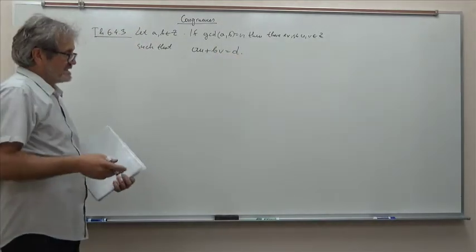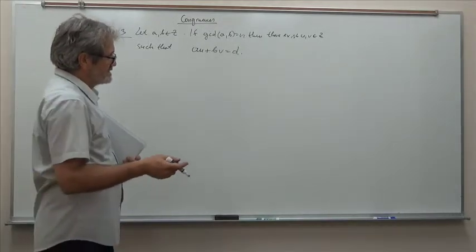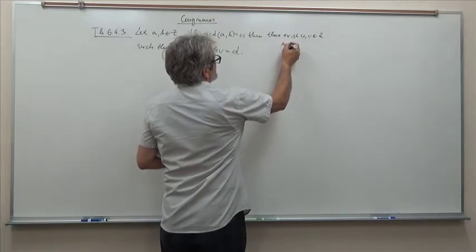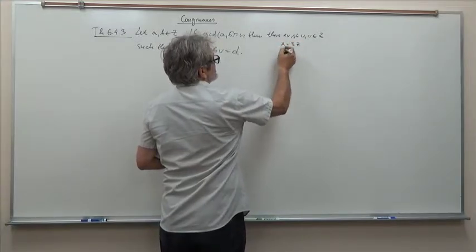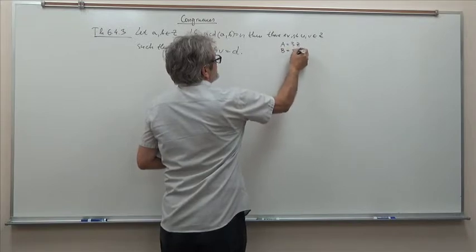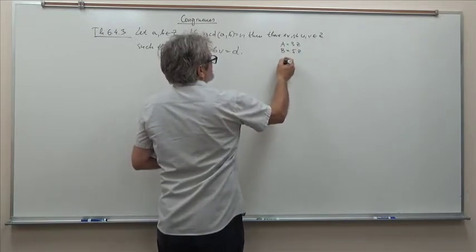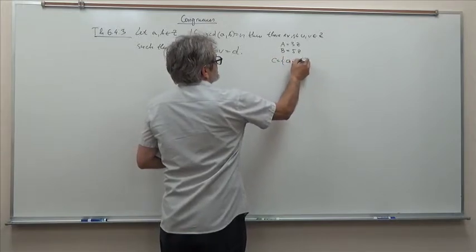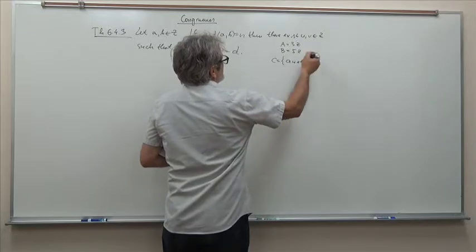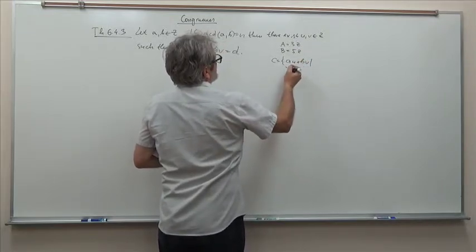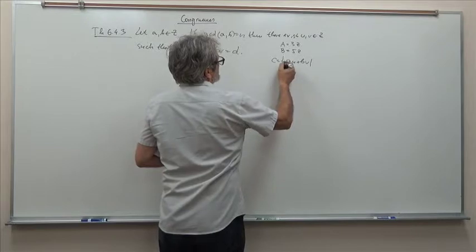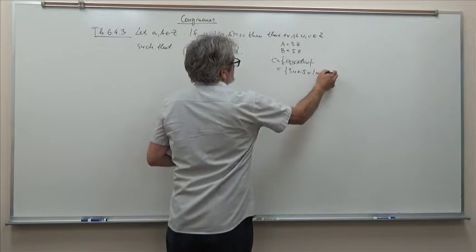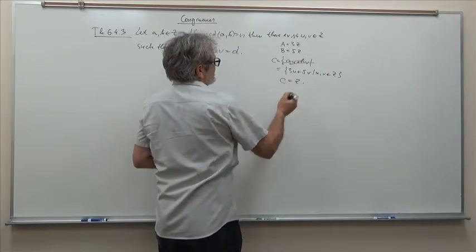Actually, this theorem is related to that problem that was on exam 2, where I asked you, set A was 3Z, divisible by 3, set B was 5Z. And C is the set of 3U plus 5V, where U and V are integers, and I asked you, is C equals Z?